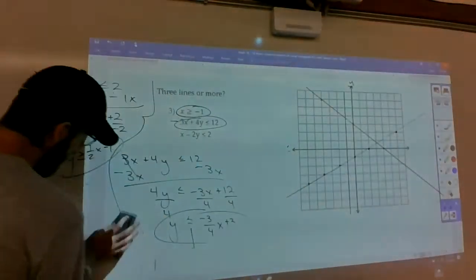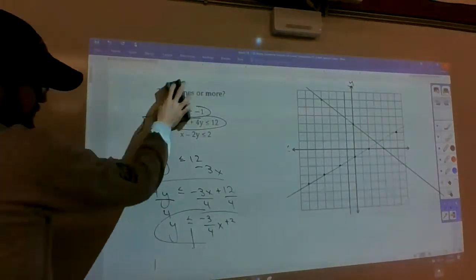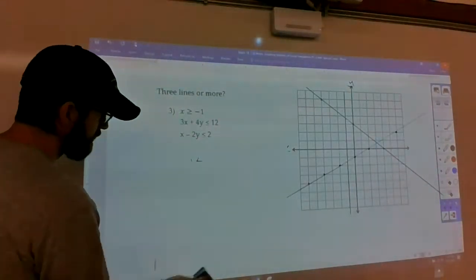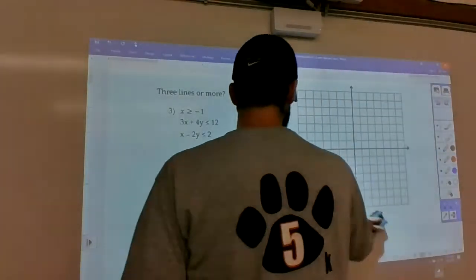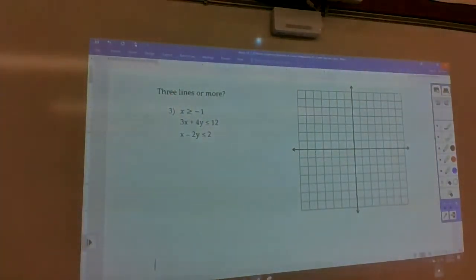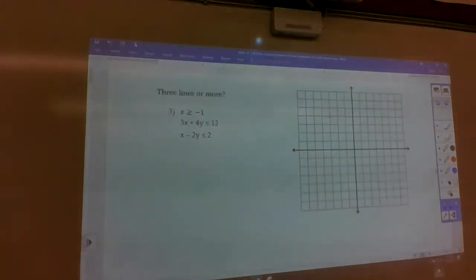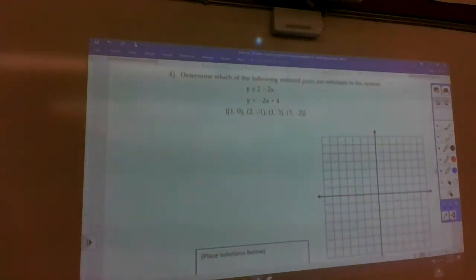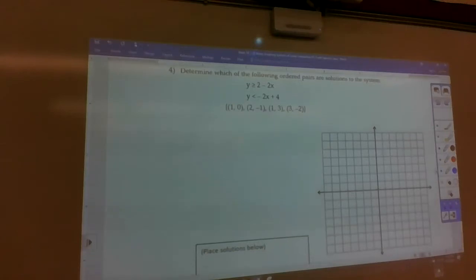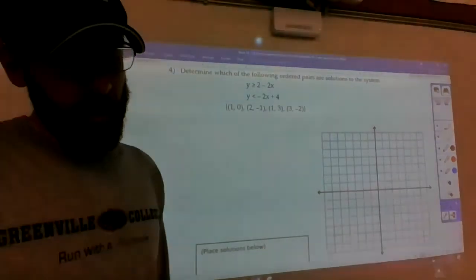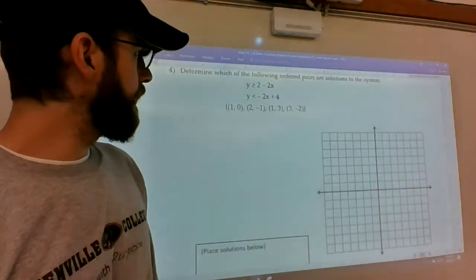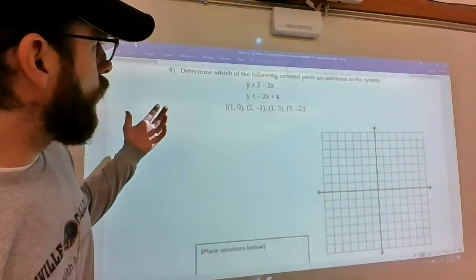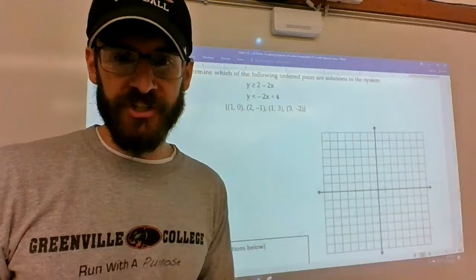All right, below that is another, just an interesting question that's asked. And what they do is they give you a set of ordered pairs and ask you, hey, which of the following ordered pairs are solutions to the system?